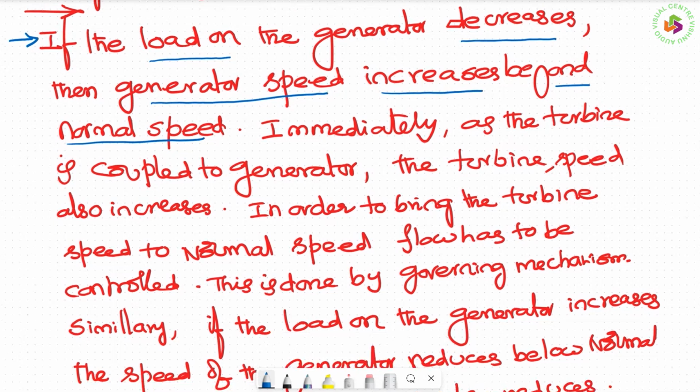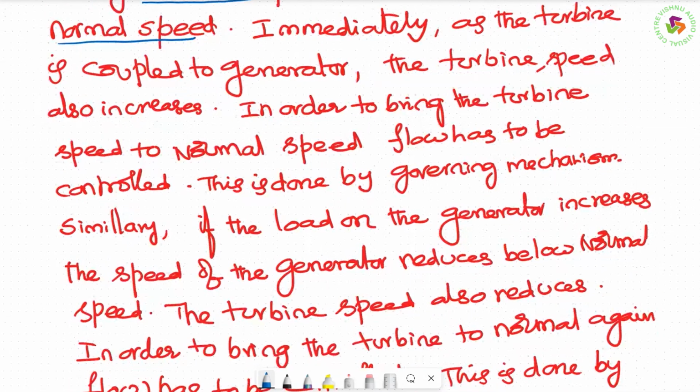We use the governing mechanism and bring the turbine speed to normal speed by controlling the flow of water onto the turbine. Once you control the speed of the turbine and make it normal, the coupled generator also works at normal speed. This is what we call the governing mechanism.